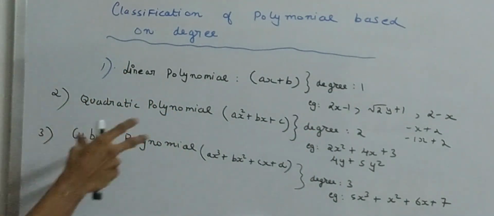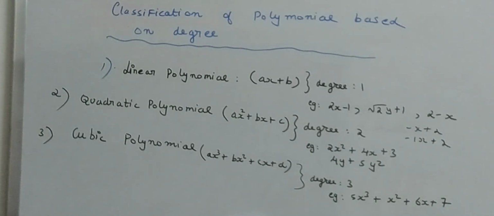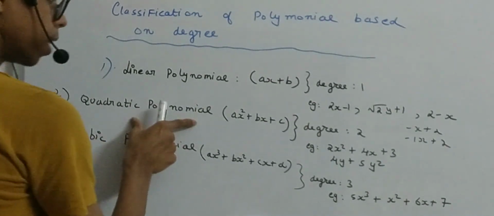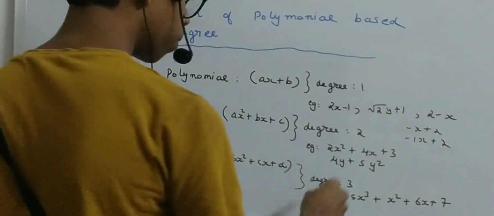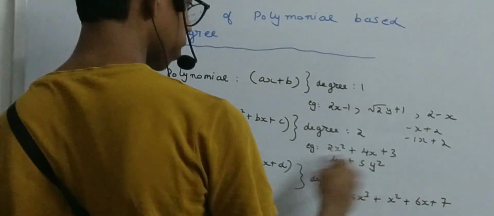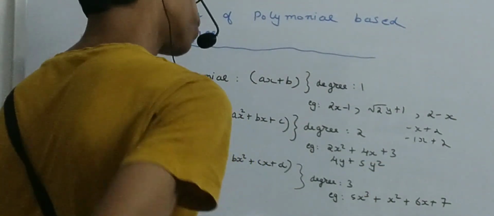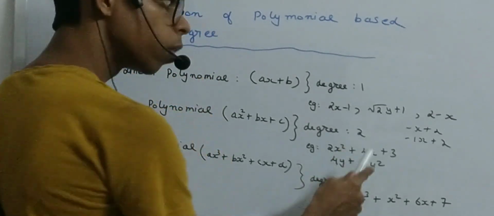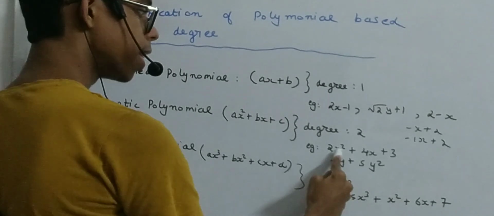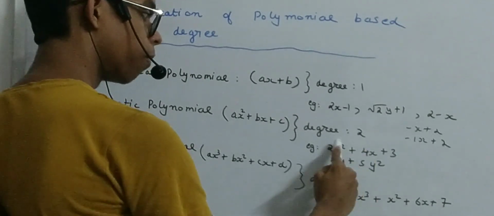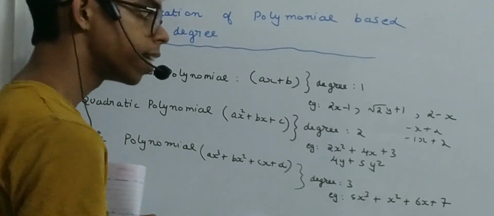Now the next one is the quadratic polynomial. Quadratic polynomial means the degree of that polynomial will be 2. For example, 2x square plus 4x plus 3, 4y plus 5y square. Now if you see over here, the highest power here is 2, which is the highest one.